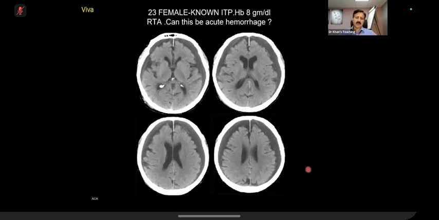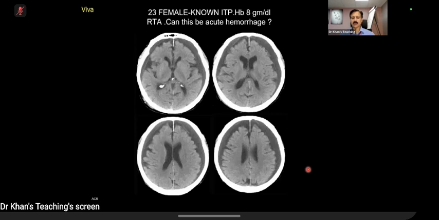This is just a point to remember: physics tells you that the basic concept on a CT scan is that acute hematoma will be 56 to 76 Hounsfield units. More than 80 is calcification, and less than that, gray matter and white matter, etc., have various Hounsfield values. But this depends on hemoglobin concentration, and this figure is valid for 13 grams per deciliter.